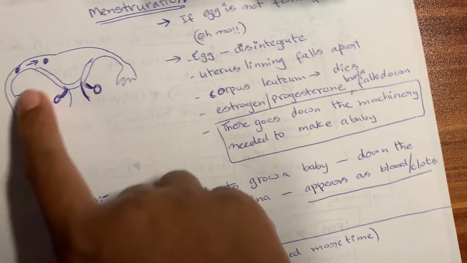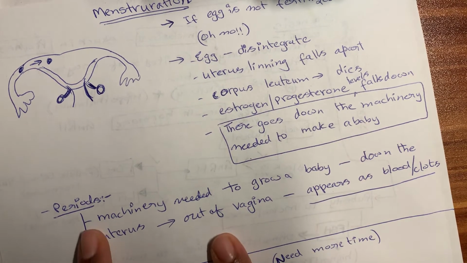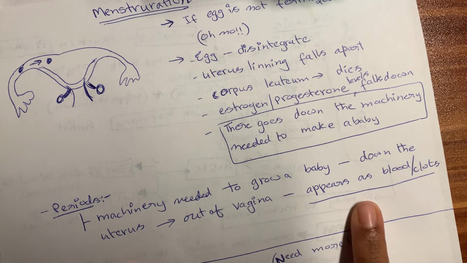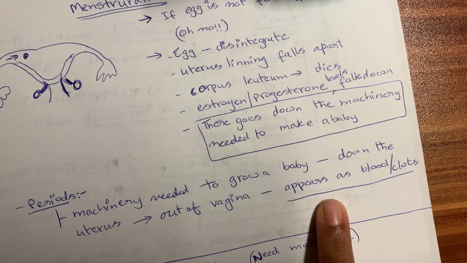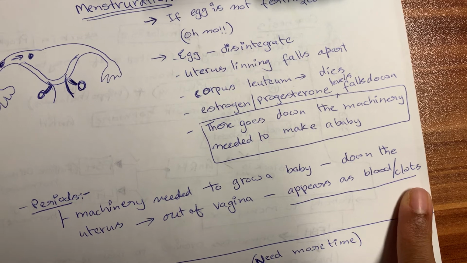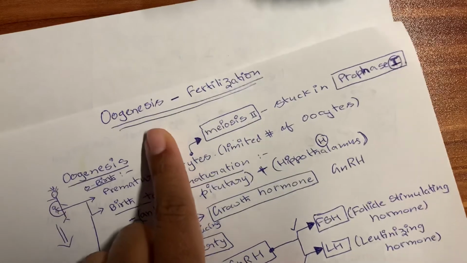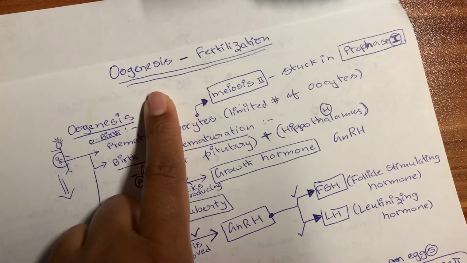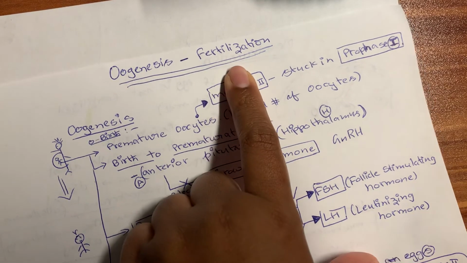Since the fertilization does not occur, everything falls apart and the whole machinery goes down, and this is generally called a period. The whole thing goes out through the vagina as blood, or you can even see clots. So there are two different phases for this. The egg can undergo two different stages: it can get fertilized or it cannot.